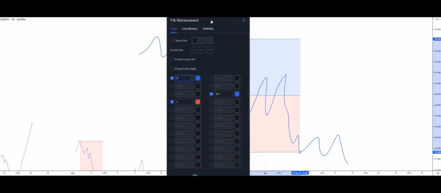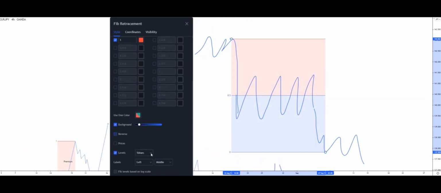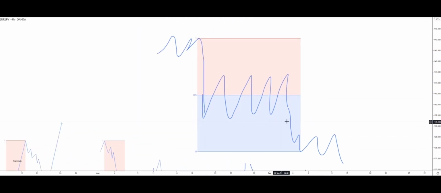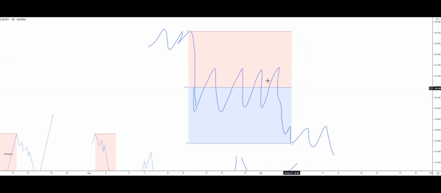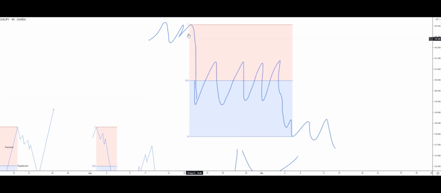You might need to reverse them from time to time, as they can be quite a pain to draw. But as you can see, if you see something like this, that's normal, because the equilibrium is where you will most likely see the money within a certain swing point.